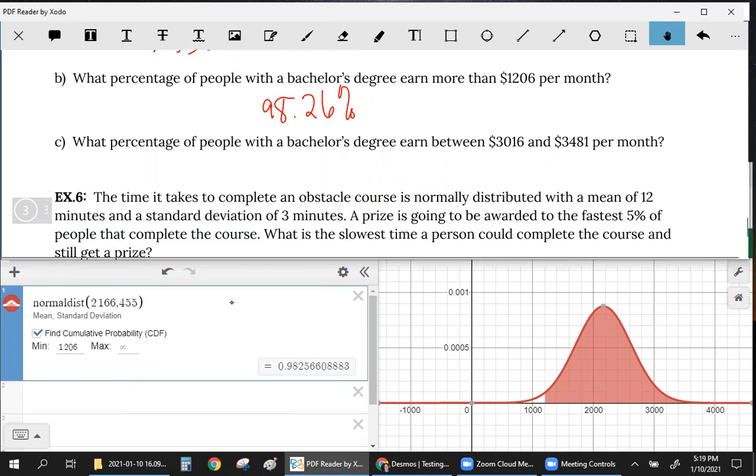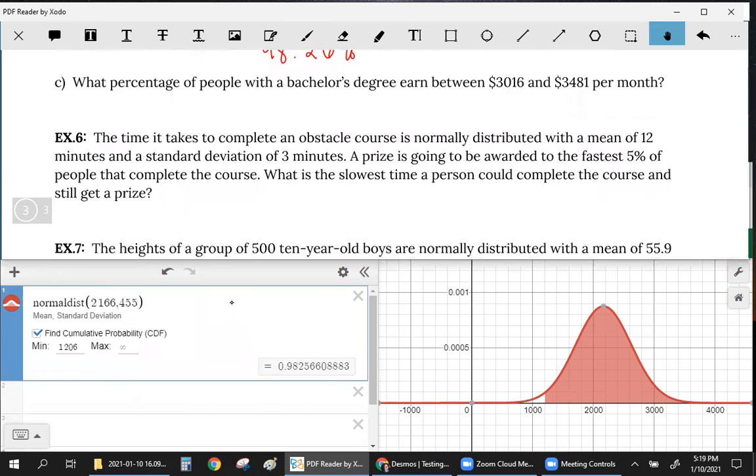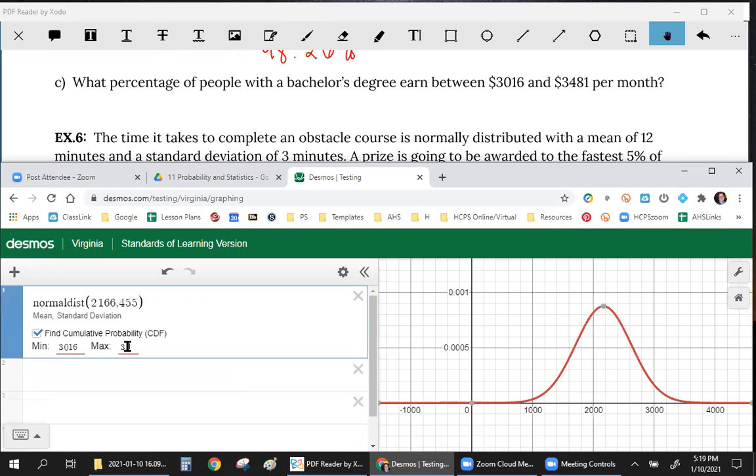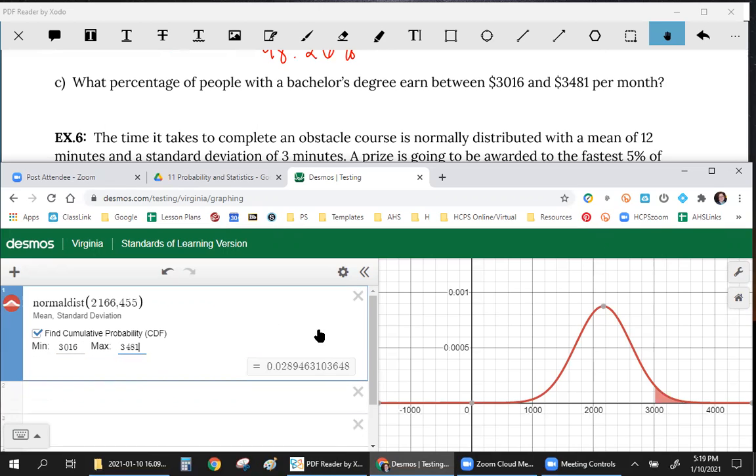Okay, part C, same situation, but they're giving us both the minimum and maximum. So again, we just type those in. Minimum is 3016, maximum is 3481.